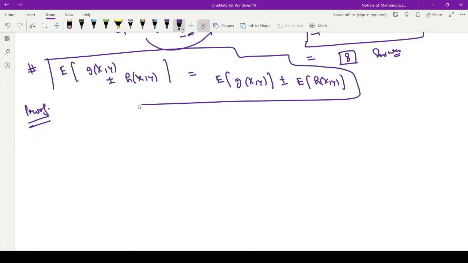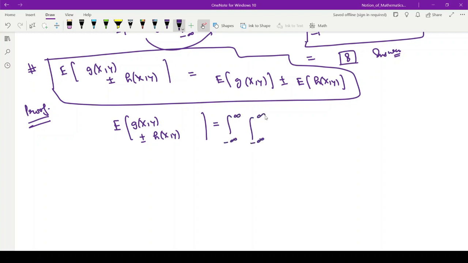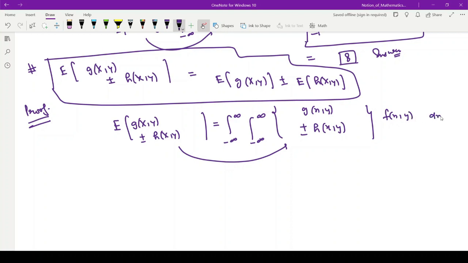I will just prove it by the formula. As all of us know, the expectation of g of x y plus or minus h of x y, in continuous form, we can write as the integral from minus infinity to infinity, minus infinity to infinity, of g of x y in small plus or minus h of x y in small, times the associated f of x y dx dy.